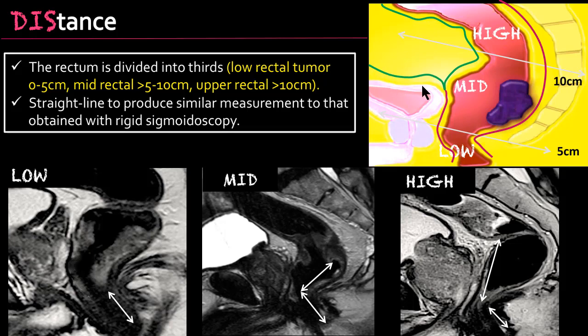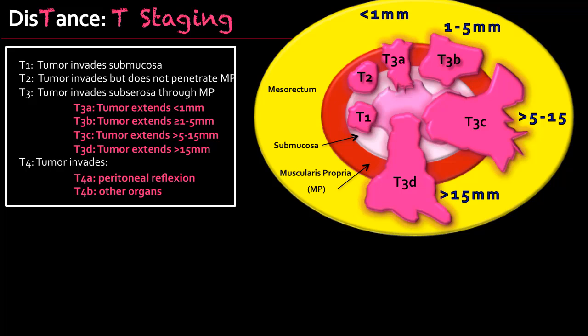This sagittal T2 sequence is fundamental again to place your axial T2 sequence, which will give you the T staging. So on MRI, the T staging at baseline has a very good accuracy, around 80%. So what you will say is whether the tumor is confined within the muscularis propria or is going through the muscularis propria and invading the mesorectum.